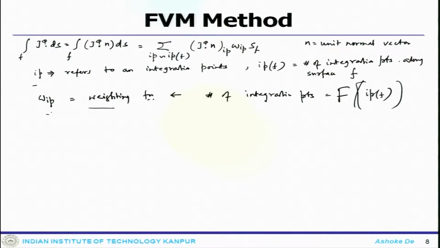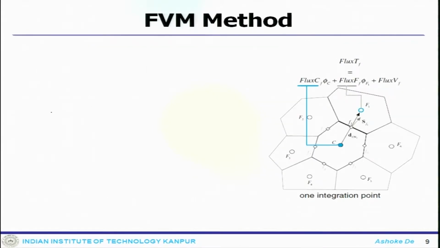Now we can actually approximate how many points you can have. For example, let us say you get this particular C element and you have the faces 1, 2, 3, 4, 5, 6, and this is the centroid of that element, and your neighboring F1.